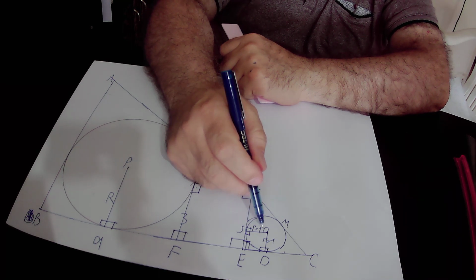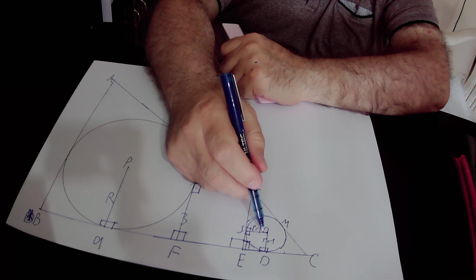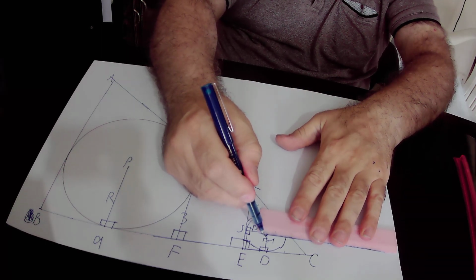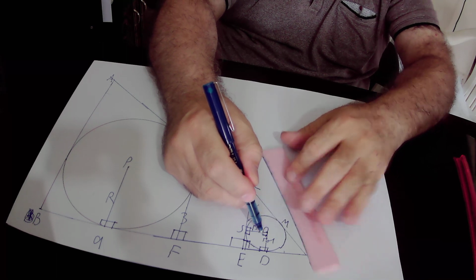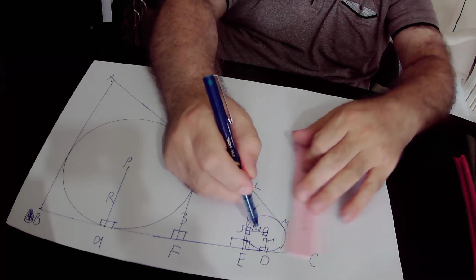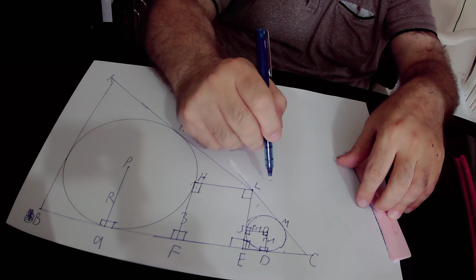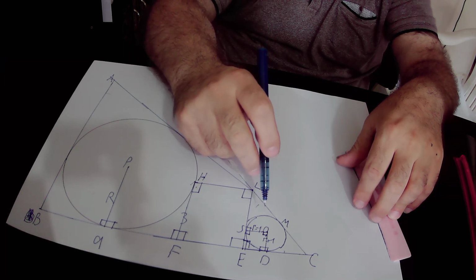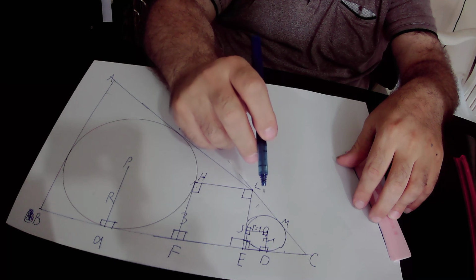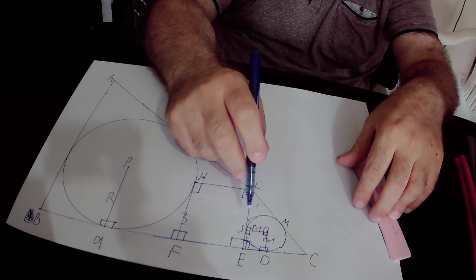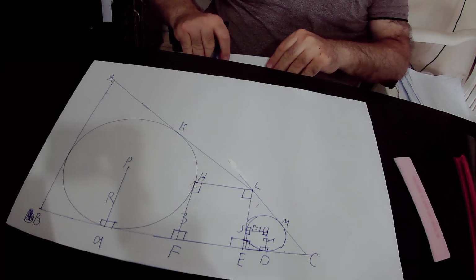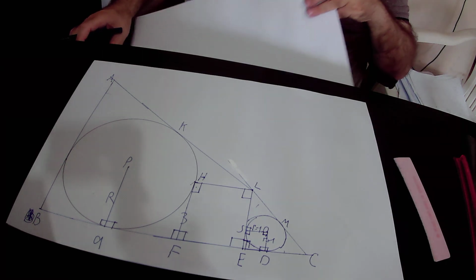Therefore, the fourth angle must be also equal to 90 degrees. This angle must be also equal to 90 degrees, according to the rule that the sum of the angles in any quadrilateral is equal to 360 degrees. Okay? So, quadrilateral SOED has 4 right angles. Therefore, quadrilateral SOED is a rectangle.